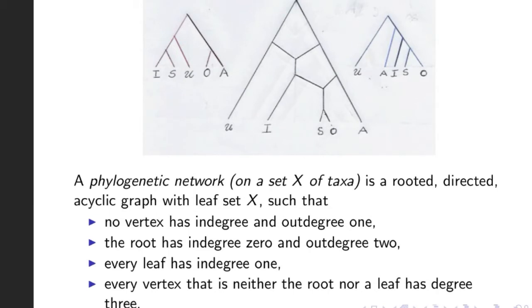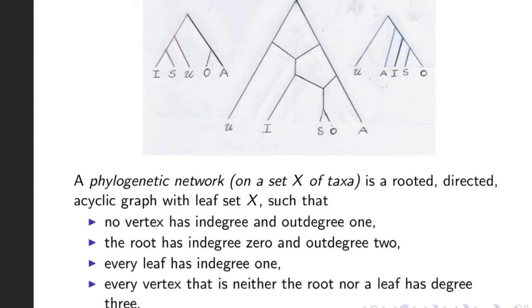For the purpose of my talk, a phylogenetic network on some set X of taxa, in my case Silene taxa, is a rooted directed acyclic graph with leaf set X, such that no vertex has in-degree and out-degree 1. The root has in-degree 0 and out-degree 2. Every leaf has in-degree 1. And finally, every vertex that is neither the root nor a leaf has degree 3.